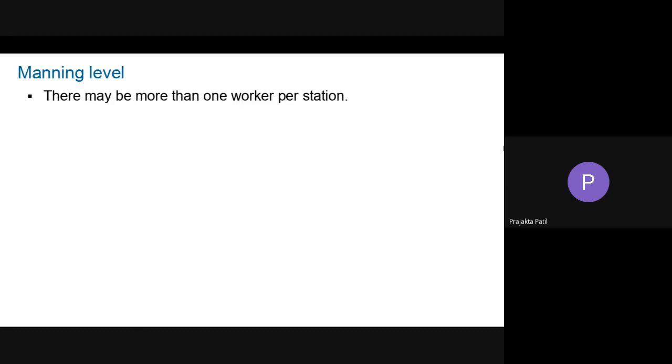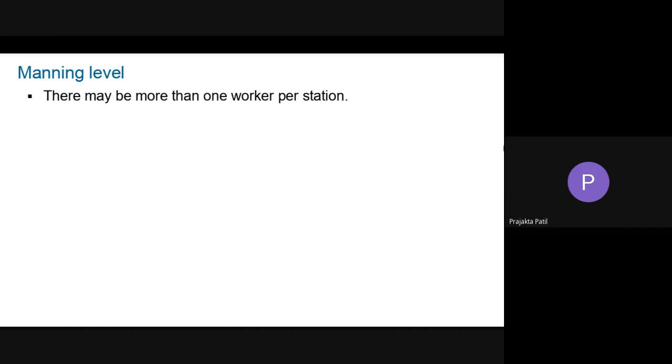Okay, if one worker is in charge of 4 machines, for example, then we can say that the manning level, or the M i value, will be 0.25 for each of the 4 machines. So if one worker is responsible for checking the functioning of 4 machines, then the manning level will be 0.25.